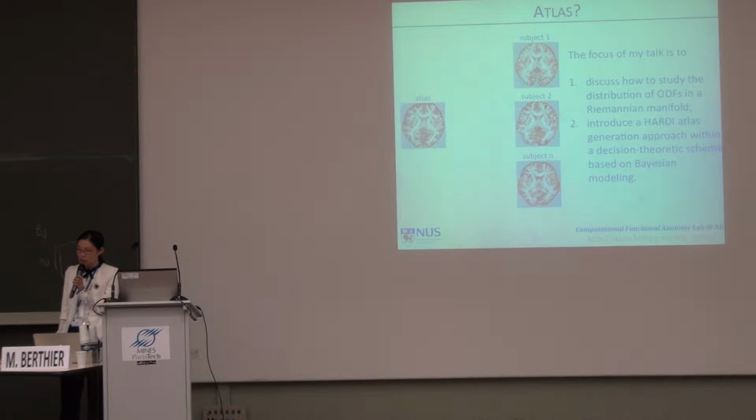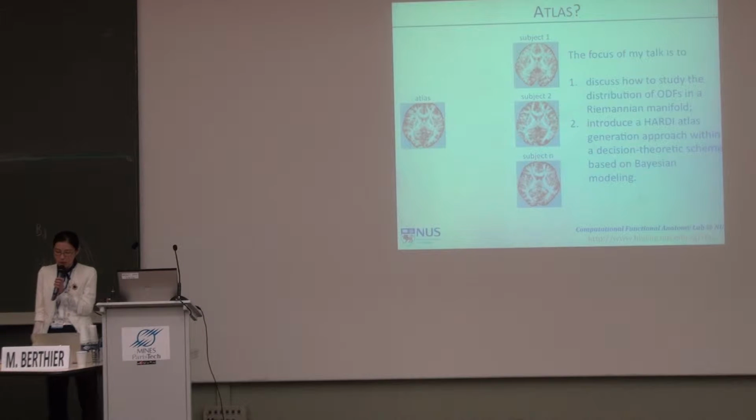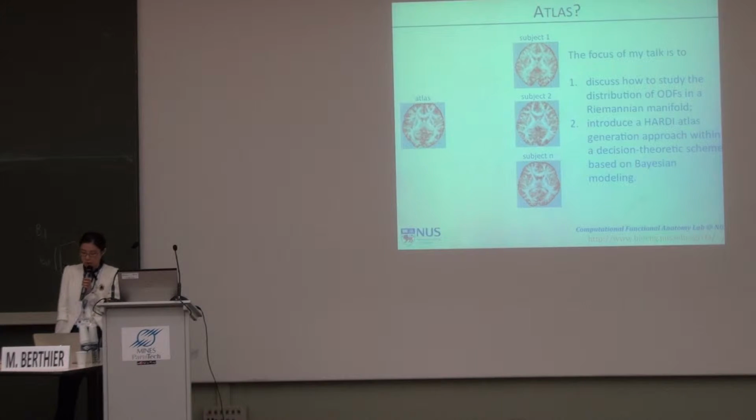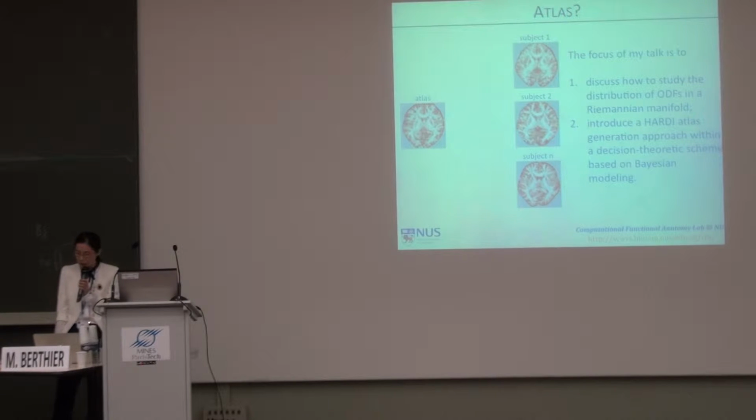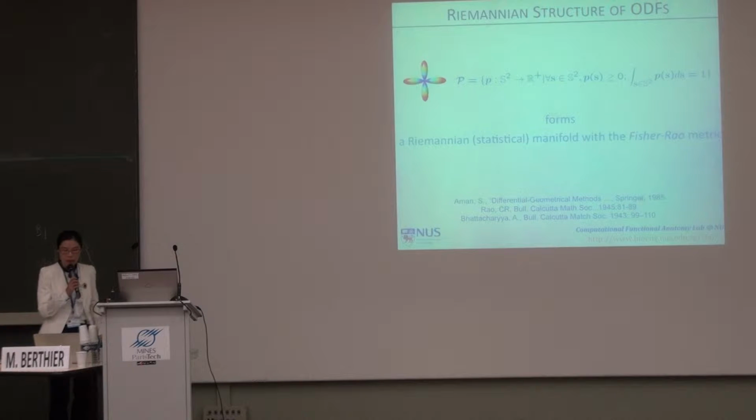So the focus of my talk is to first discuss how to study the distribution for orientation distribution function, ODF, in a Riemannian manifold. I will then introduce an atlas generation approach with a decision theoretical scheme based on Bayes modeling. So let's look at the orientation distribution function first.